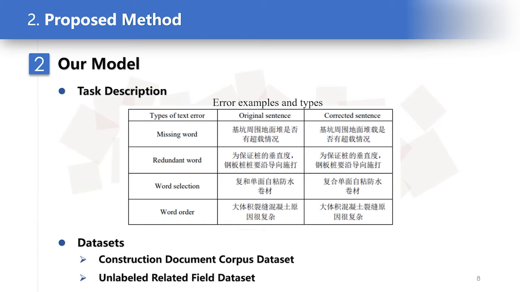We select 1,538 professional documents in 5 fields, including geography, geology, chemical materials, construction equipment, and building regulations from Chinese literature databases such as CNKI and Wanfang, with a total of about 420,000 words, forming an unlabeled related field dataset.